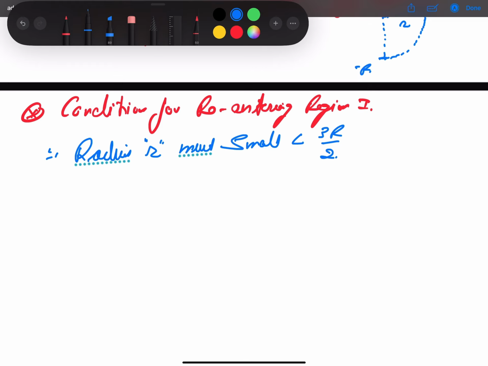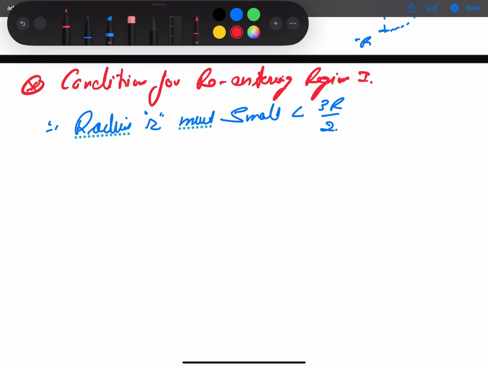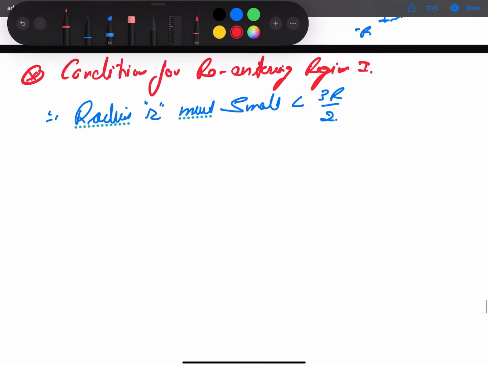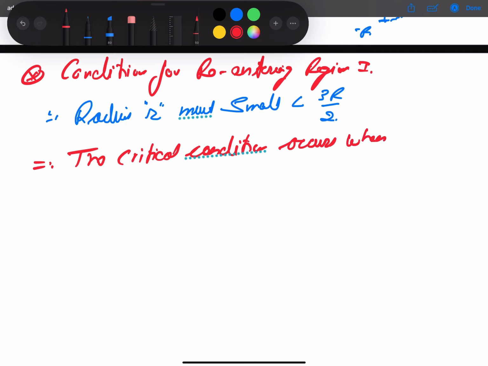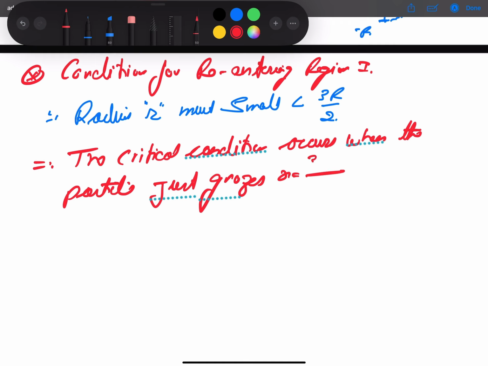For the critical condition, the particle or charge just grazes the boundary x equal to 3r/2.